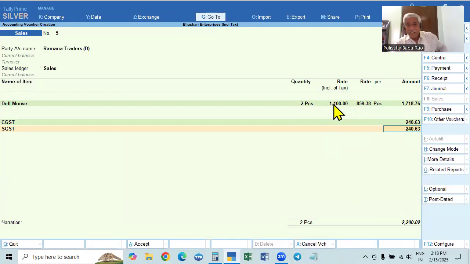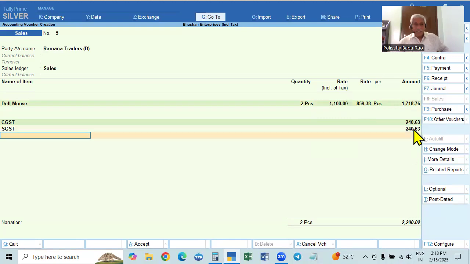So if you give that, automatically the taxable value will be calculated, and depending on the quantity, the total amount. And if you calculate the tax, the invoice value will be equal to the rate inclusive of tax. One item 1,100, two items means 2,200. So the total amount is 2,200.